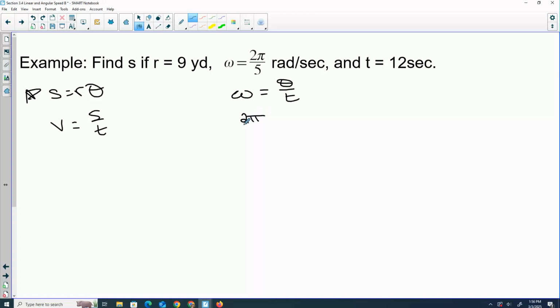Omega, 2 pi over 5 radians per second. So do a quick check. My time is in seconds, so I'm okay. Equals theta over 12. So multiply the 12. Theta is 24 pi over 5.